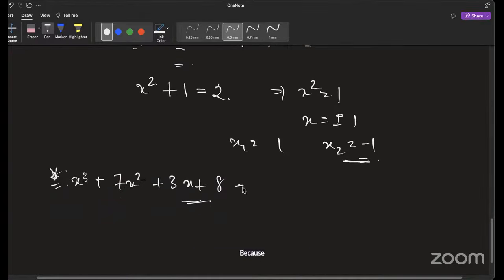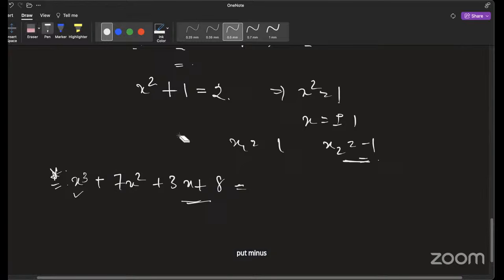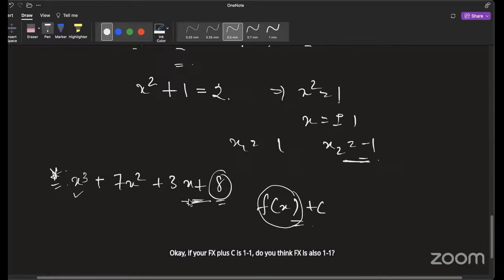Because this you can't equate to a constant then find roots, because we don't know how to find the roots of cubic equations. You don't have to use the hit and trial method. That will be too long. What you can do is, you can just remove this part, because let's say if your f(x) plus c is 1-1, do you think f(x) is also 1-1?